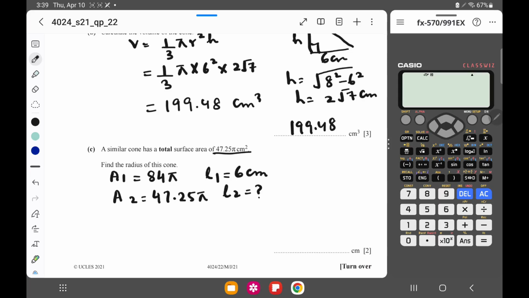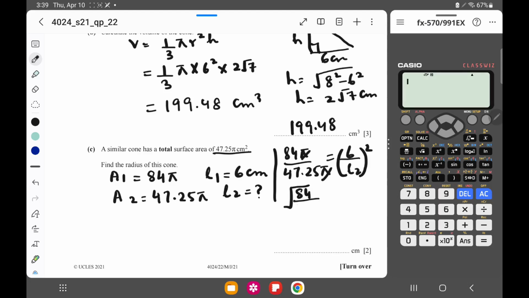So A1 upon A2 equals L1 upon L2 whole square. 84 pi upon 47.25 pi, cancel the pi value, is equal to 6 upon L2 whole square. Take the square root of 84 upon 47.25, which will be equal to 6 over L2 because we took the square root. So calculate the square root of 84 divided by 47.25, which is equal to 4 over 3. 4 over 3 is equal to 6 over L2.